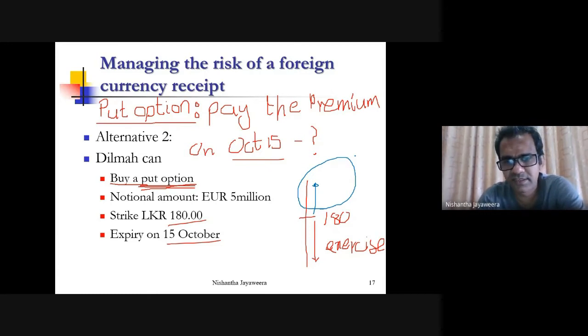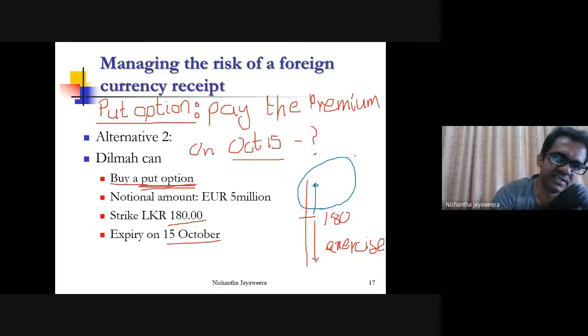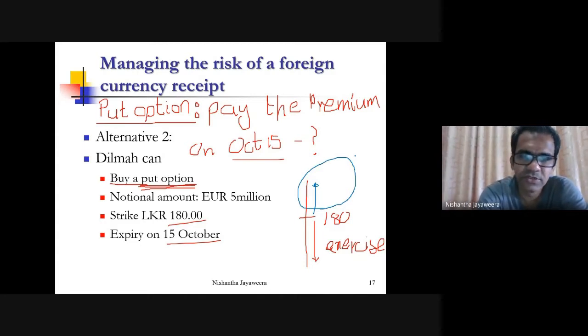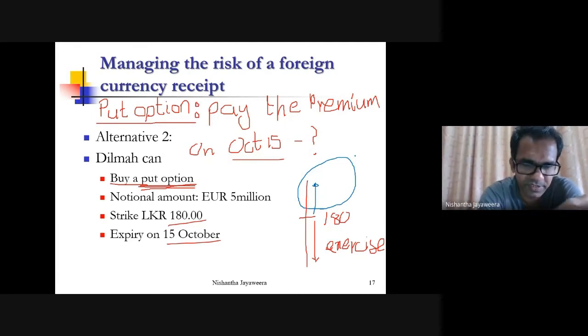That flexibility is there. That's the advantage of buying a put option over entering into a forward contract. If you enter into a forward contract, you don't pay anything at the inception of the transaction. But your hidden cost is you give up your upside potential. Meantime, you minimize your downside risk.